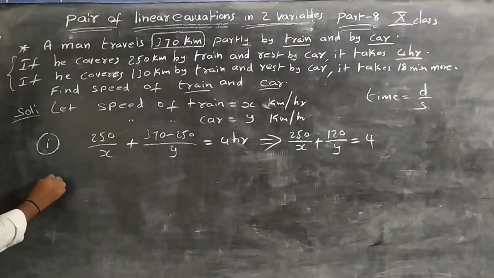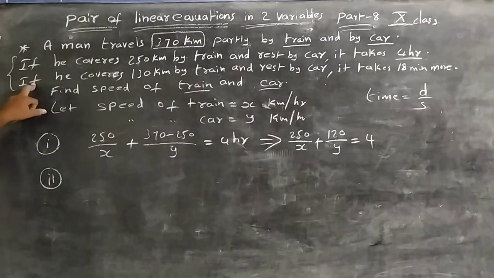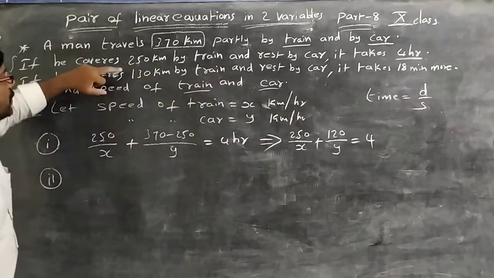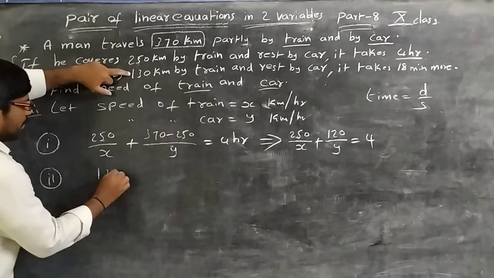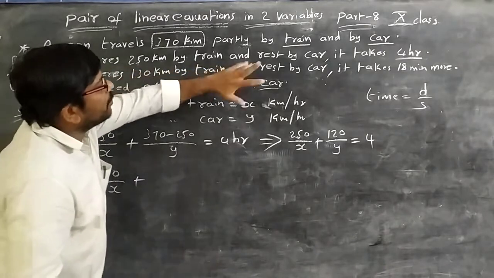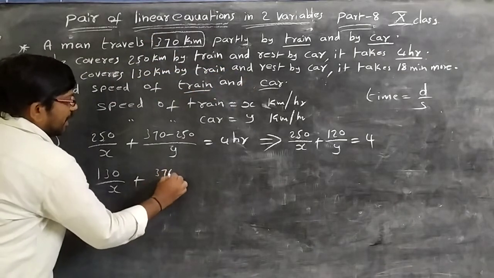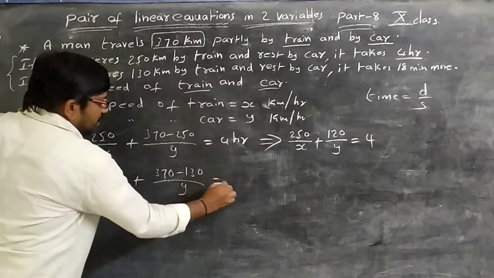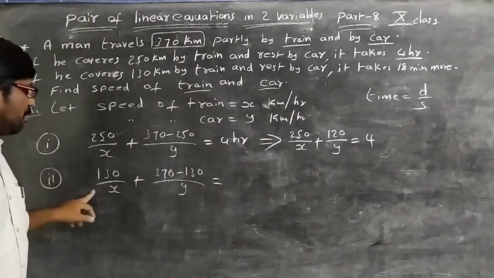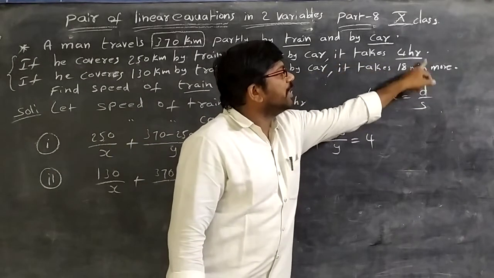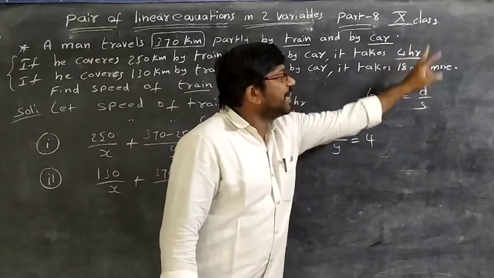Next, the second condition. He covers 130 kilometers by train, so 130 by the speed of train x, plus the rest, 370 minus 130 by car speed y, is equal to the total time by train and car. The total time is 18 minutes more than this, meaning 4 hours 18 minutes.